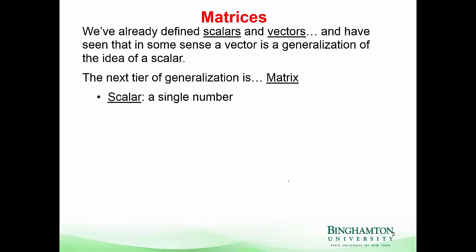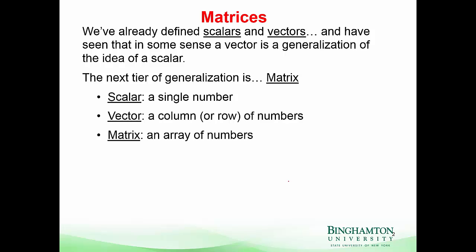So a matrix just carries the generalization up from a scalar as a single number. A vector is just along one dimension, so we have a column of numbers, or less commonly a row of numbers. And then a matrix is a two-dimensional array of numbers.